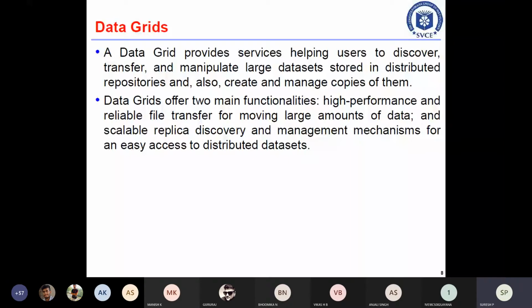Okay, by giving the infrastructure, it is going to provide you the data intensive computing. That means the support will be given. What type of support is it going to give? The support is infrastructure. So apart from this, your data grids offer two main functionalities. What are the two main functionalities? One is high performance. Okay. So high performance and reliable file transfer for moving large amounts of data.